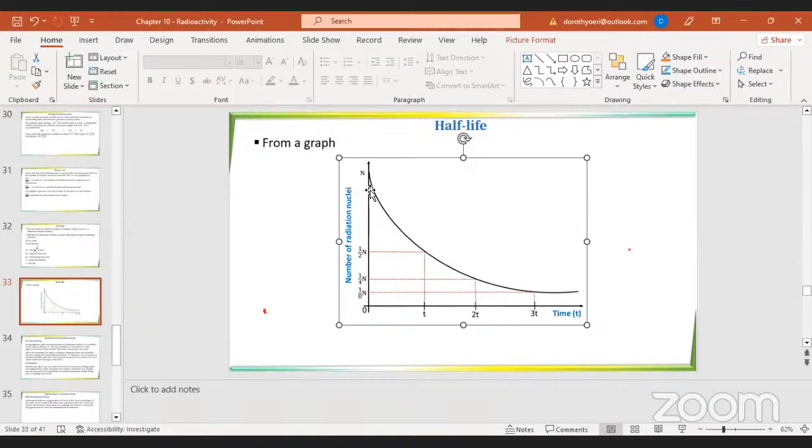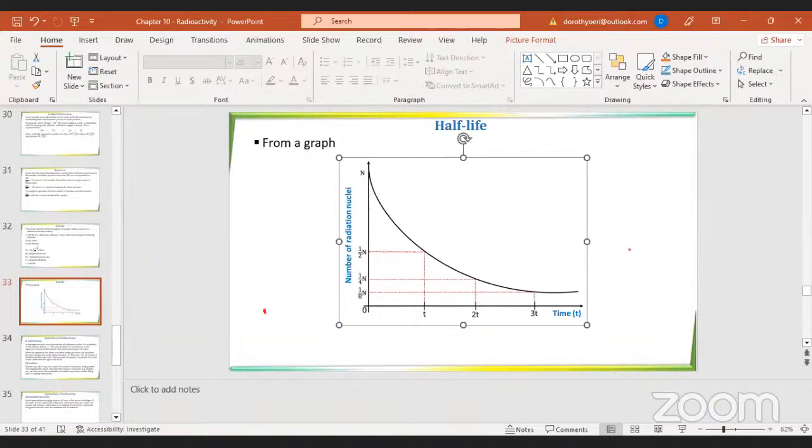You can see it is N, the original number, half of N, a quarter of N, and an eighth. All these are half-lives. So if you are told to get the half-life, maybe if our N was 10, half of 10 here should be 5.